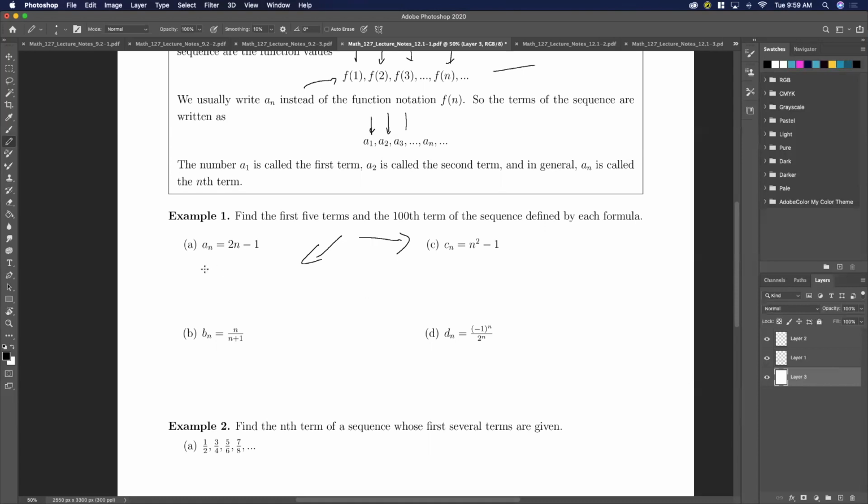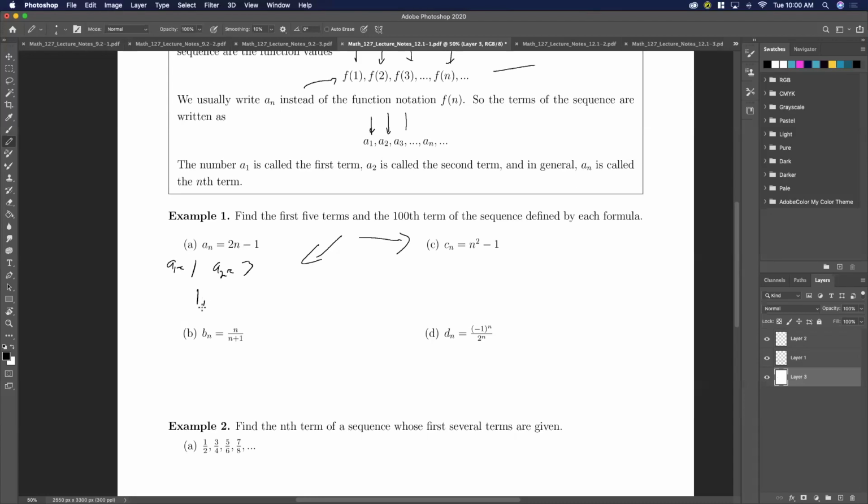Really. All right, so let's do the first 5 terms. So here, if this is my general sequence, my first 5 terms is here. The first one would be a1. Well, a1 equals what? It'd be 2 times 1, which is 2, minus 1, so it'd be 1. The next one would be a2, which is 2 times 2 minus 1, would be 3. And we usually don't write a1, a2, a3.